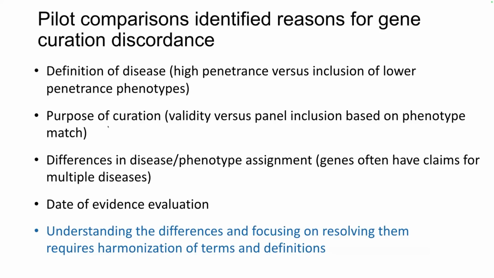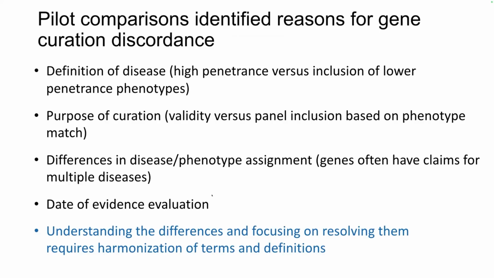Should something be on a gene panel, or should we just be curating the gene disease relationship entirely without thinking about what panel it should be on for testing? Some genes have claims for multiple diseases, as you know, and maybe we were just talking apples and oranges. We were curating different diseases. Or, as you know, the literature changes very rapidly and we use the literature, so maybe something was just a little bit older than something else.